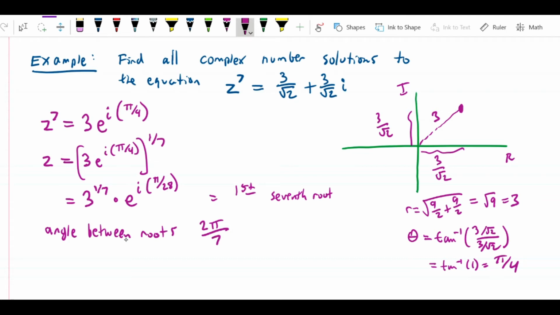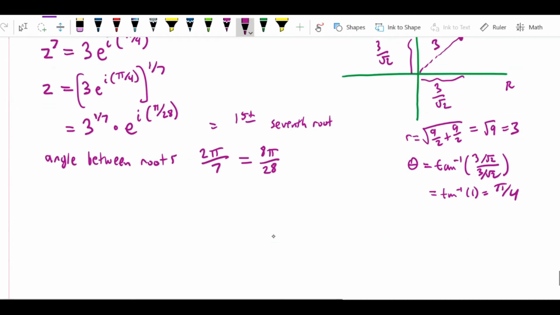Notice that we have a denominator of 28, so it's going to be a little more convenient for me to add these angles in. If I convert this into 8 pi over 28, I just multiplied the top and bottom by 4. So I have the first of the roots, that's one of them.